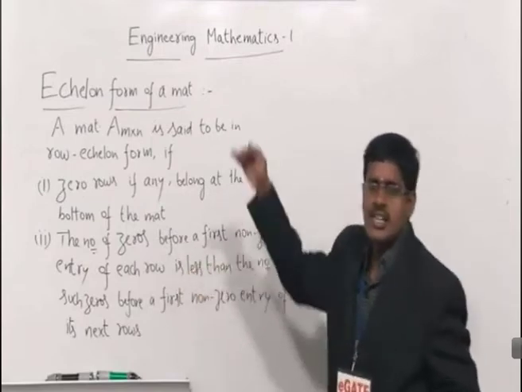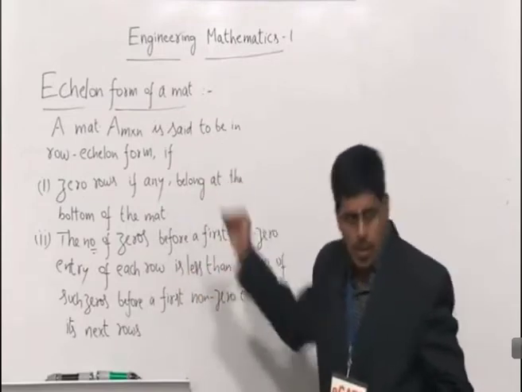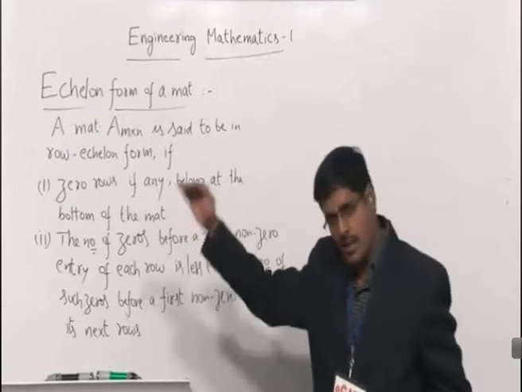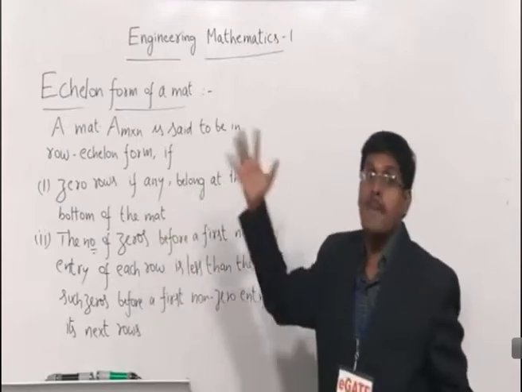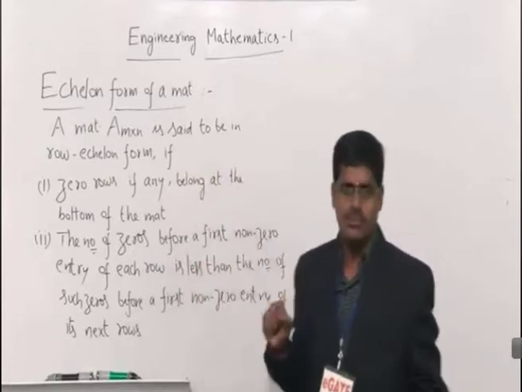That means the number of zeros increases row by row before the first non-zero entry of each row.